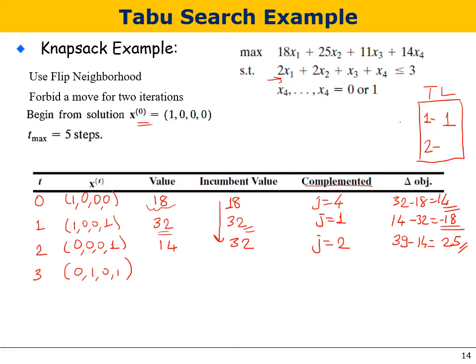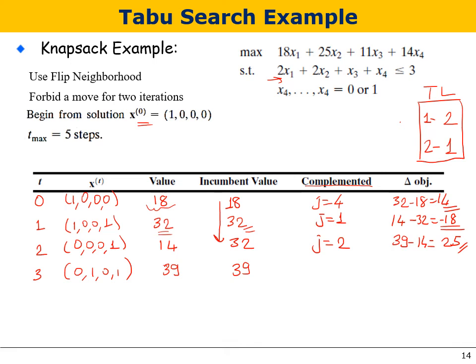Now it is out of the list. What happens to this one? It moves one step down. And what is the new taboo move? It is 2, which enters at the top of the list. Okay, now the objective function value of this new solution is 39. Since it is better than our previous incumbent solution, we update the incumbent solution as 39.